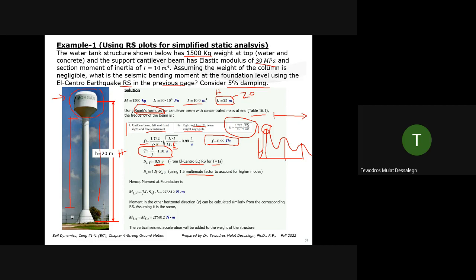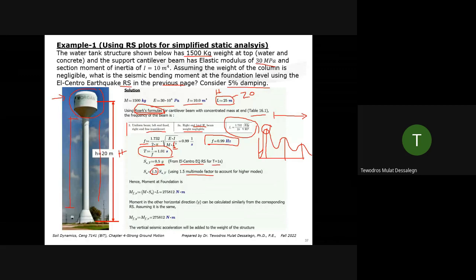If you're using software like SAP 2000 or STAAD.Pro, they automatically compute the other modes. They don't conservatively increase by 50%; they get the other modes and use them.